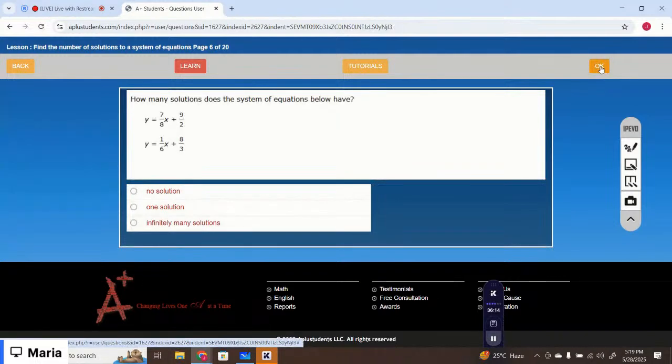How many solutions does the system of equations have? Y equals 7 over 8x plus 9 over 2.